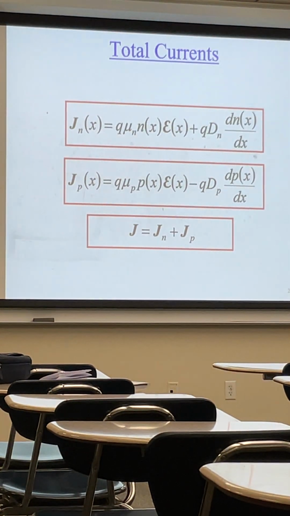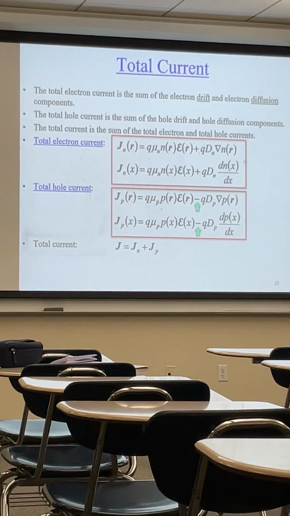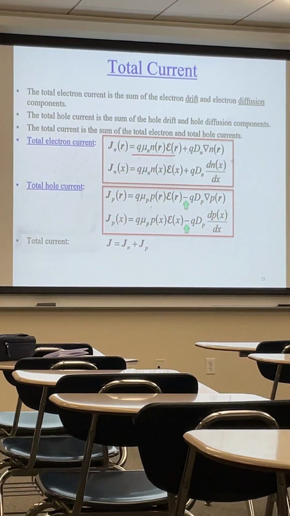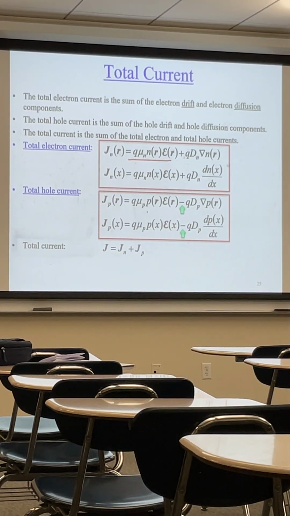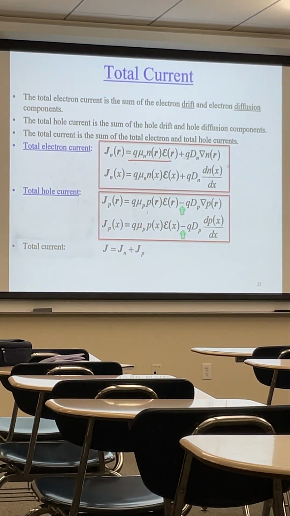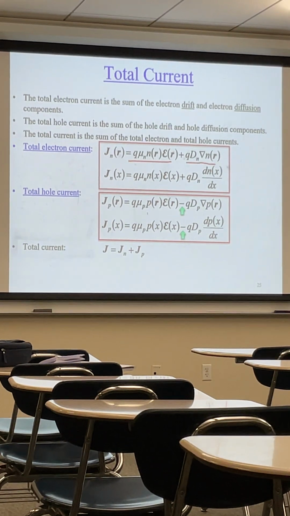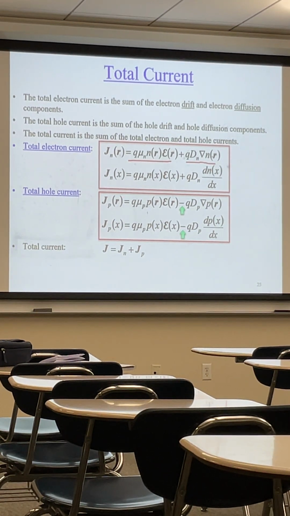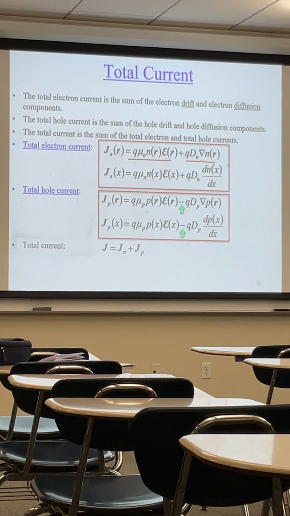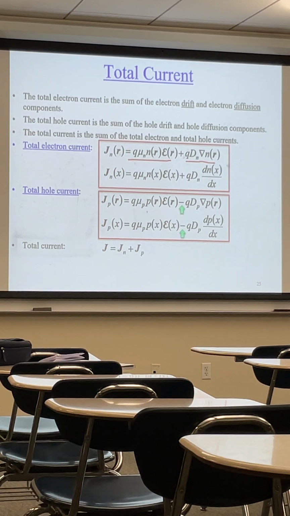Okay. So here I just want to highlight that this term is due to the electric field, and this term is due to the gradient in carrier density. And you can see that the electron drift current and hole drift current have the same direction.